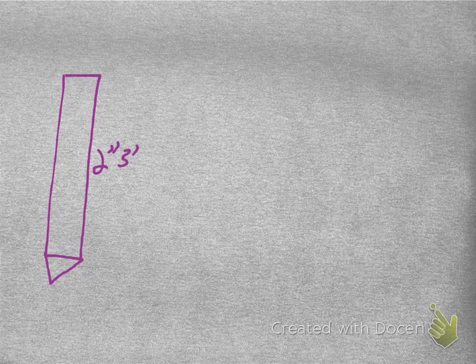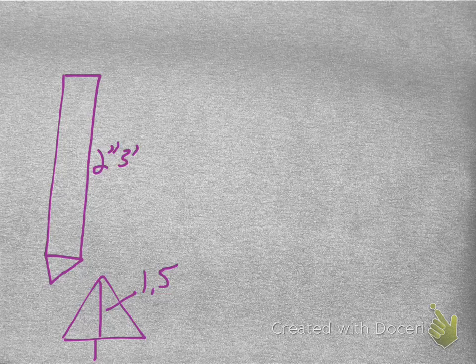The dimensions of the triangular base: the base is 1 foot, the height is 1.5. It says, which can be used to find the volume of all 4 legs.